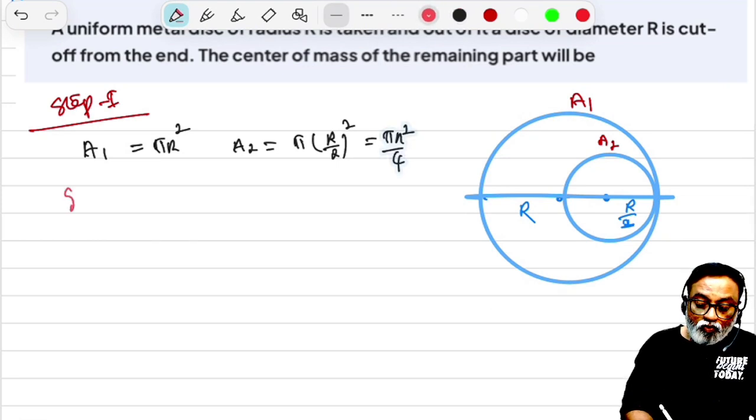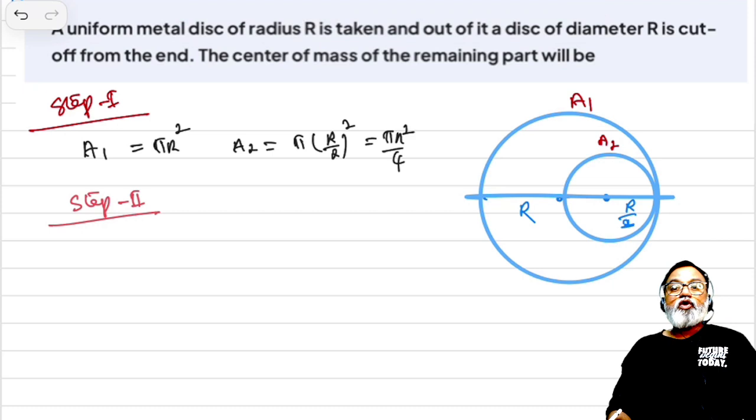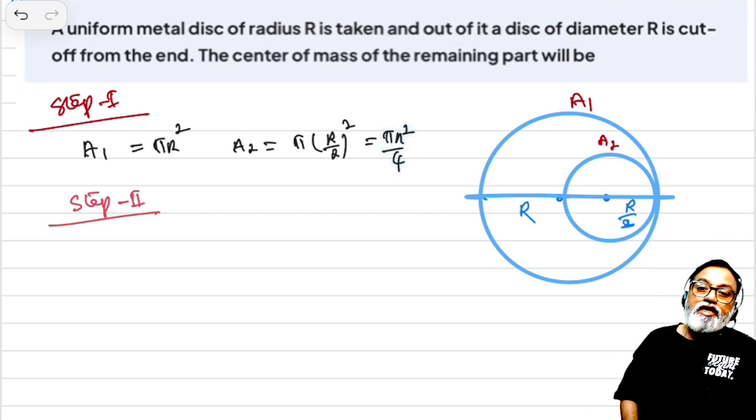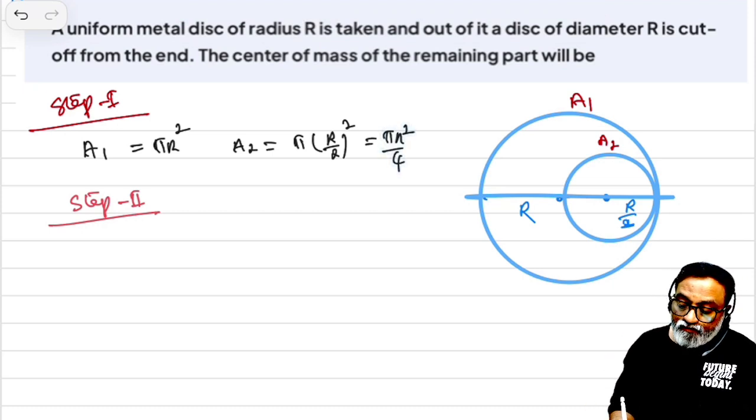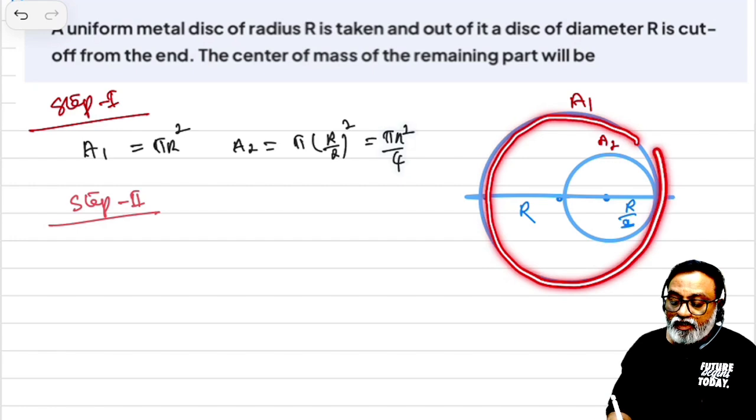And in step 2, we have to locate the coordinates of center of mass. First, the original disk center of mass we have to consider at the origin.